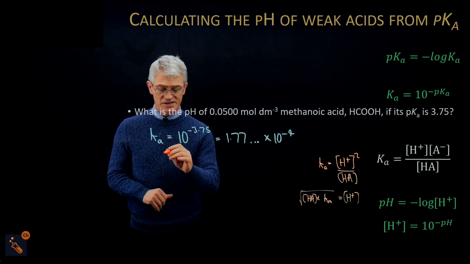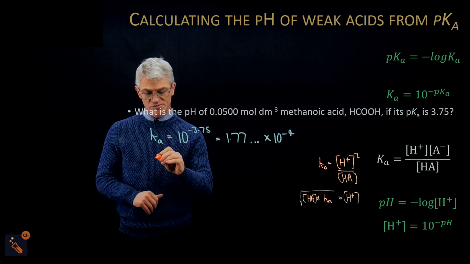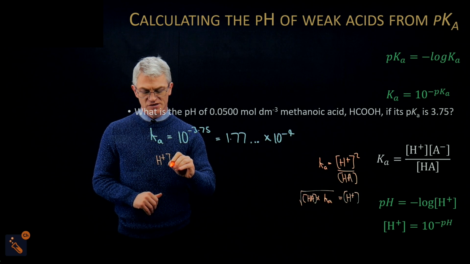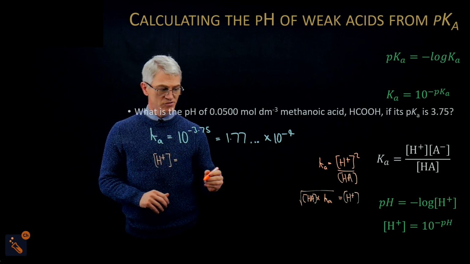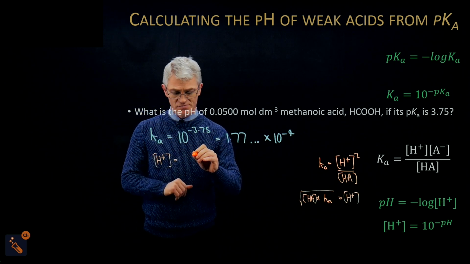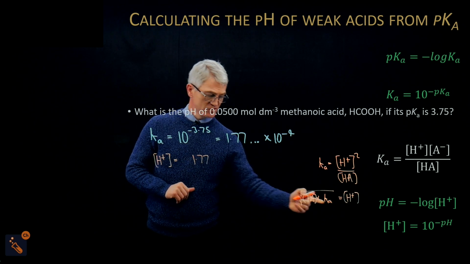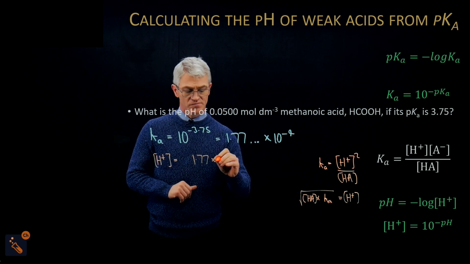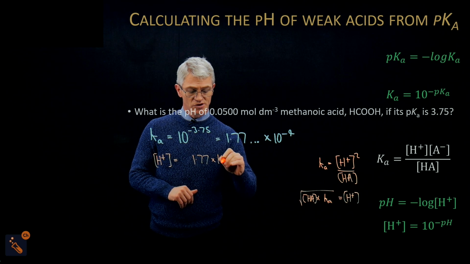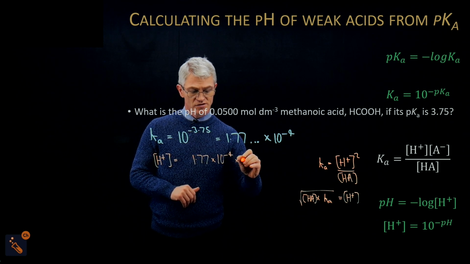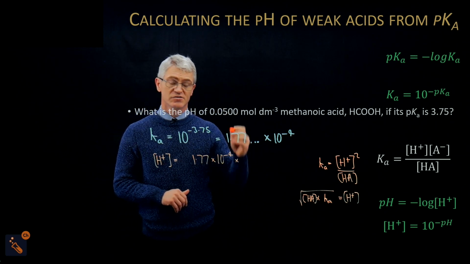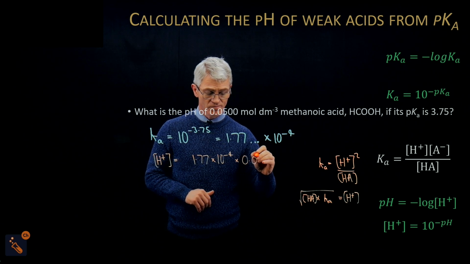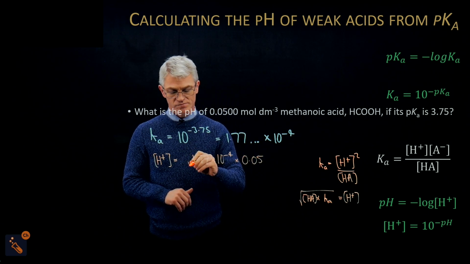So if we want to do our H plus, it is going to be equal to the square root of 1.77 times 10 to the minus 4, and this is our Ka value that we're doing here, times HA, and HA is 0.05.